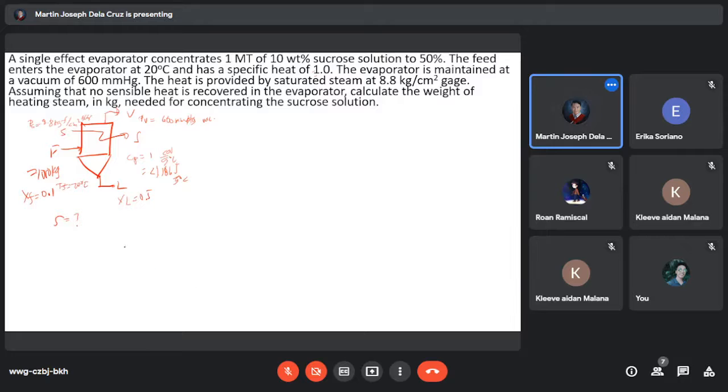So, gawin na muna natin yung step natin. So, to get your S, we will be having, let's see, general formula muna tayo. So, general formula natin is F HF plus S HS is equal to your V HV plus S HS plus L HL.